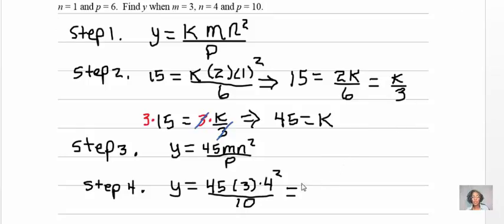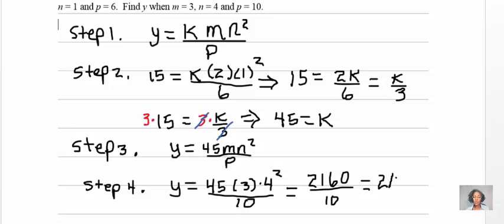If I multiply 45 by 3 by 16, which is 4 squared, I get 2,160. And that's what I'm dividing by 10.